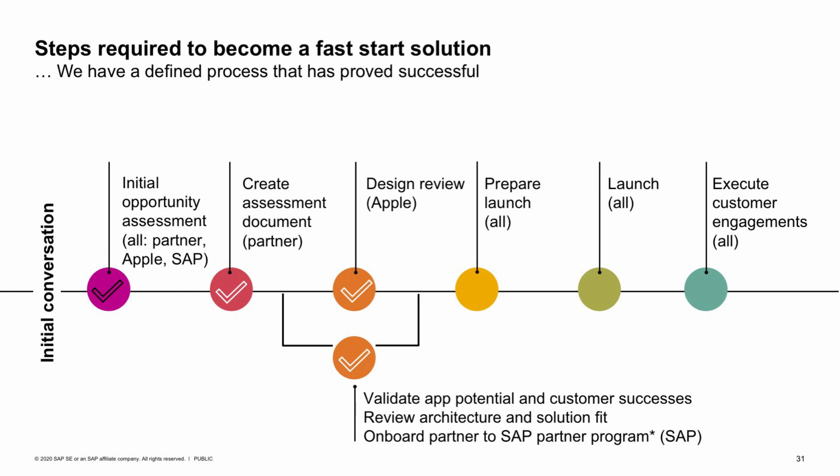And then once the solutions are prepared, we do joint go-to-markets. One thing that I want to call out here is the App Center. We've been successful in migrating most of our Fast Start solutions into the App Center. And this is a real key for us because that opens up additional go-to-market resources and is critical for becoming part of our industry cloud go-to-market. So we're really encouraging all of our partners to continue to do that.